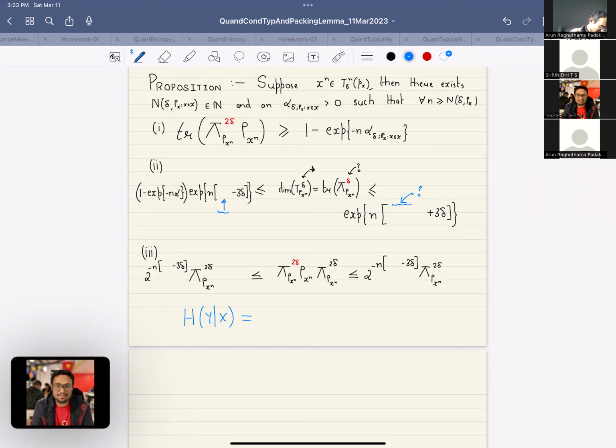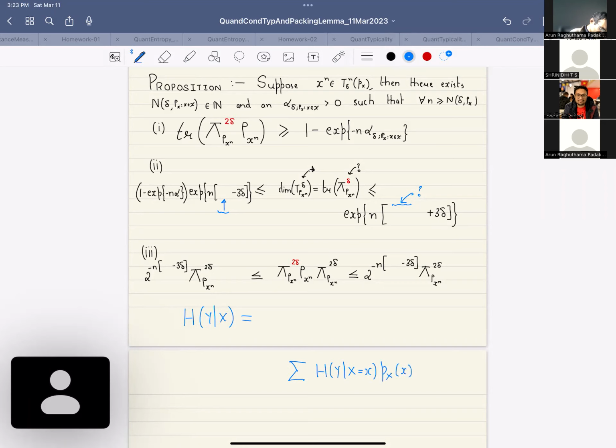Yeah, this is a very simple thing. It will be the summation of H of Y given X equal to some small x, the whole thing times P of x.